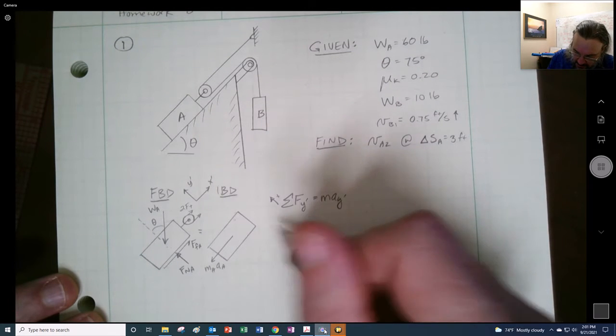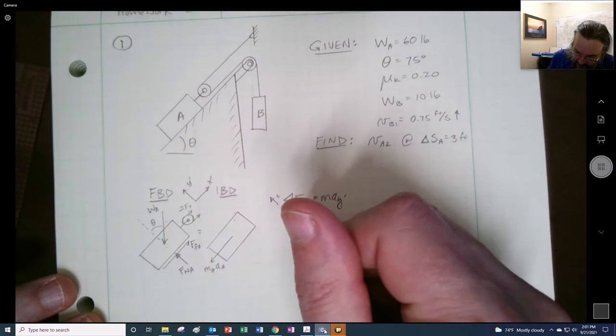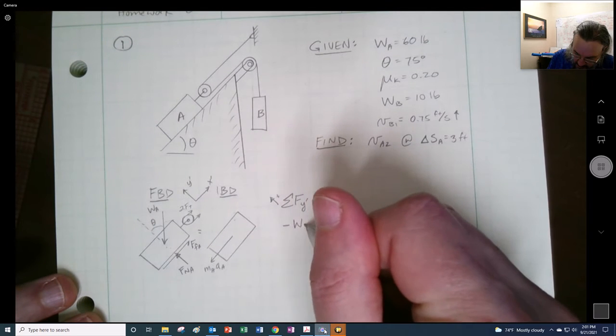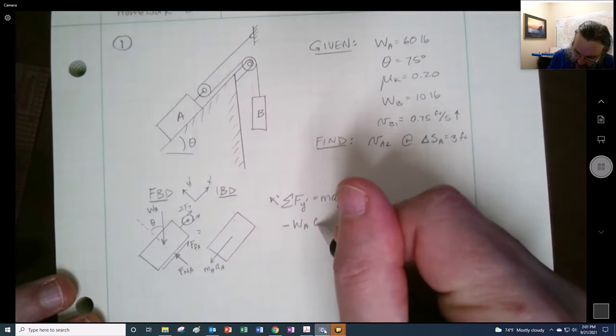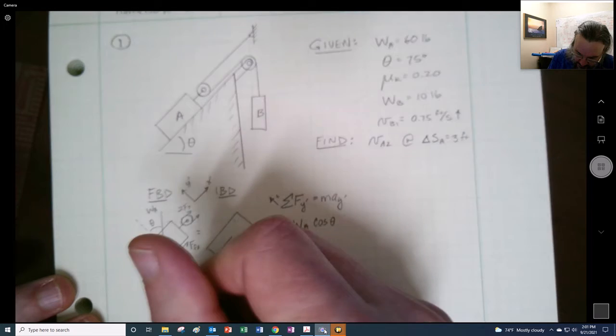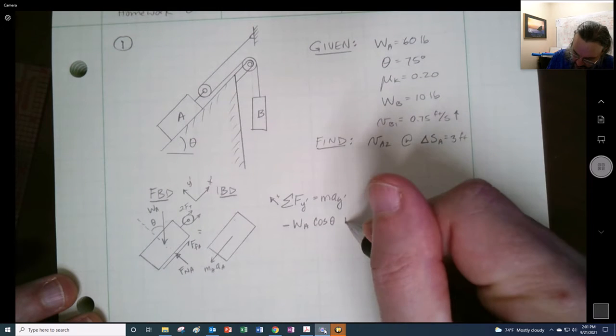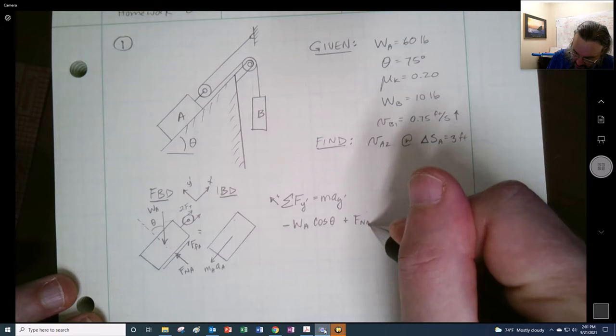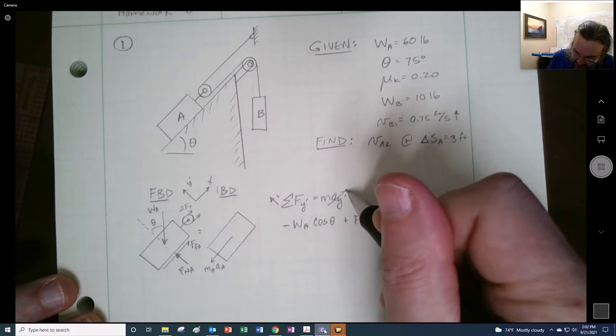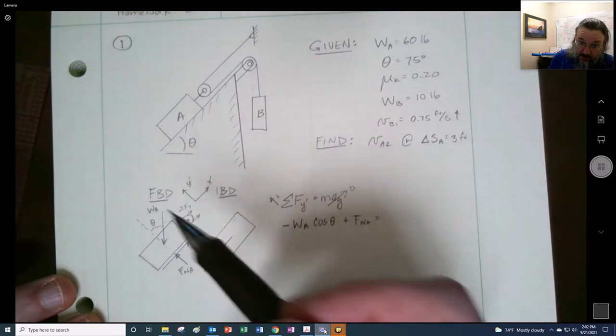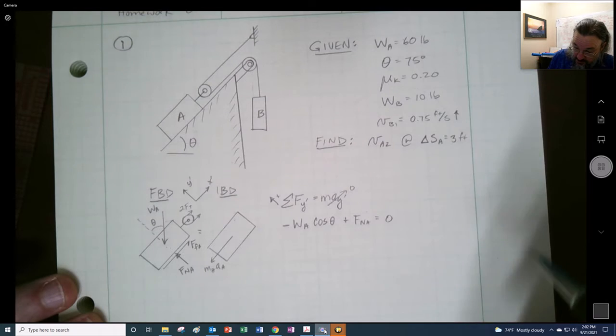So in the y prime direction, we're going to have a negative WA times the cosine of theta. Right, and then the only other thing is the FNA, but it's not accelerating in the y prime direction, so it's 0.